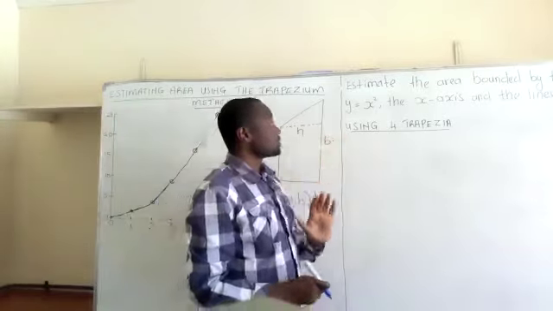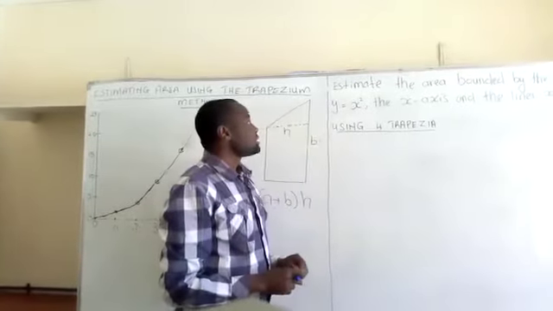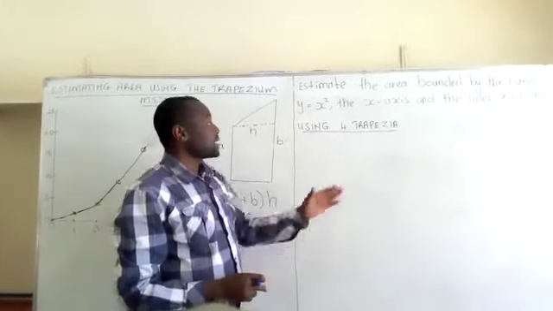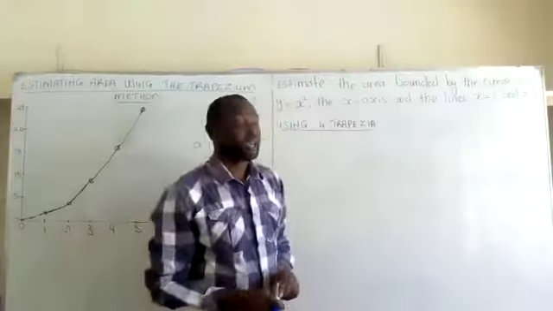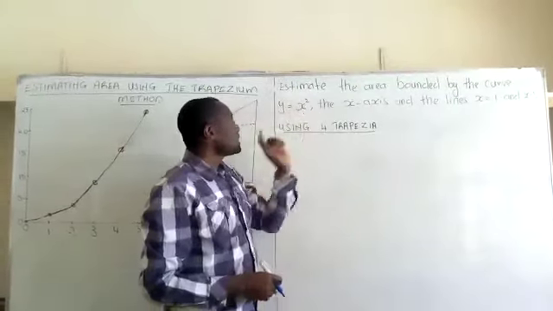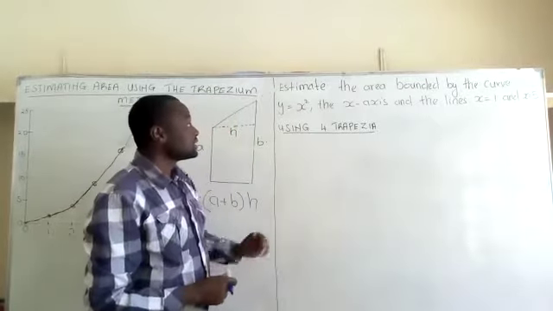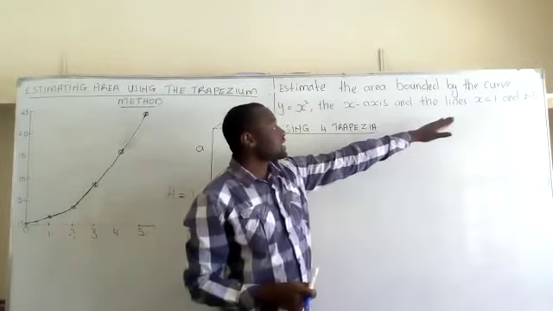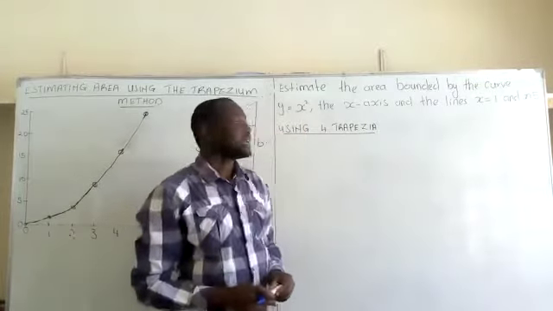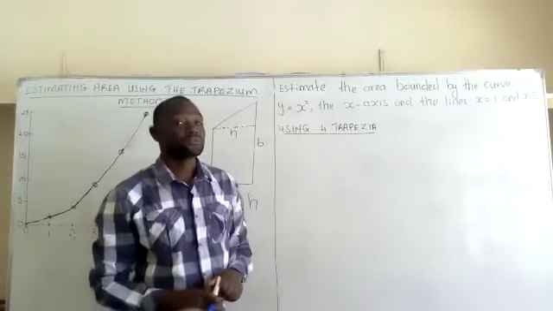Looking at the question we have here: estimate the area bounded by the curve y equals x squared, the x-axis, the lines x equals 1 and x equals 5.